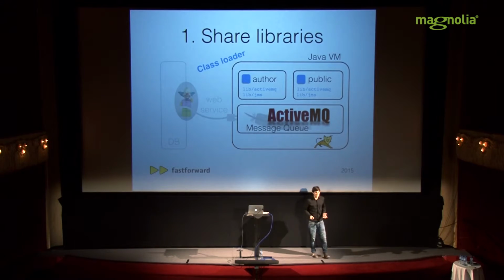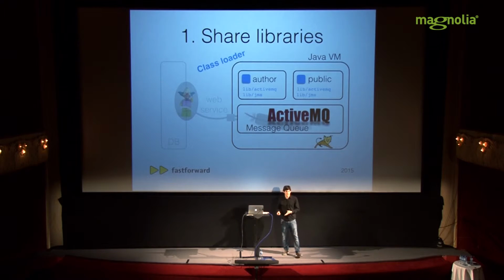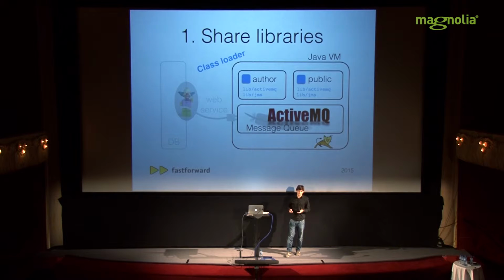This means that you cannot communicate between different web apps directly. You cannot use classes from the other web app. But we wanted to have ActiveMQ running in this JVM, but not inside the web app, but somehow outside in a way that we could access it from any instance, in this case, author and public.